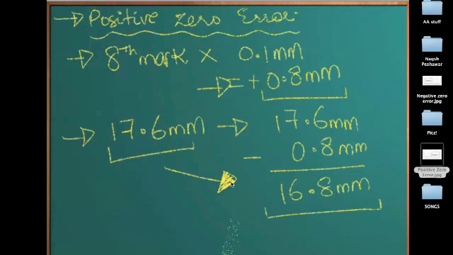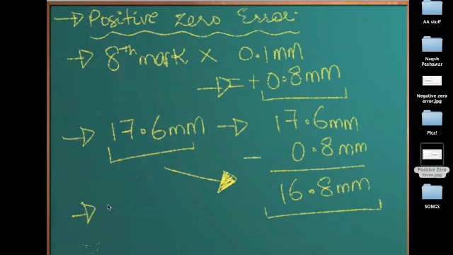It is always a good practice to check for the zero error when you are starting with your calculations. In a positive zero error, you were ahead of the original reading before you even started, so you will have to subtract it from the reading.